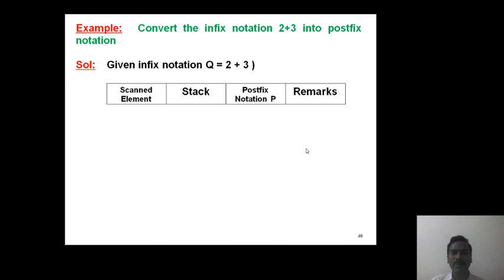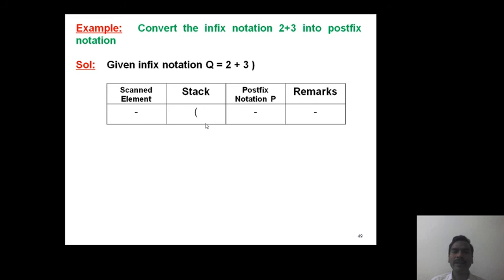Now we design a table format: scanned element, stack, postfix notation and remarks. As per the procedure, first add a right parenthesis at the end of Q. Hence we add a right parenthesis at the end of the given infix notation and push a left parenthesis into the stack.